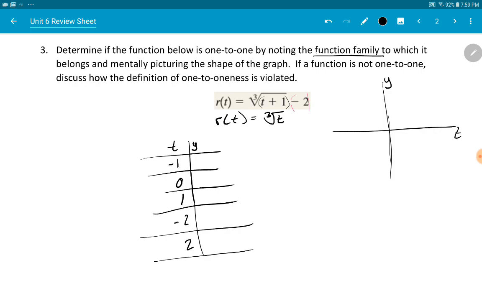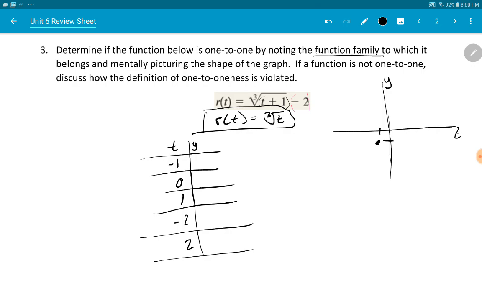Okay, so when I plug in -1, I'm looking at the parent function right now. I plug in -1. Oh, I know I can't. Oh, yes, I can. The cubed root of -1 is also -1, since -1 cubed is -1.